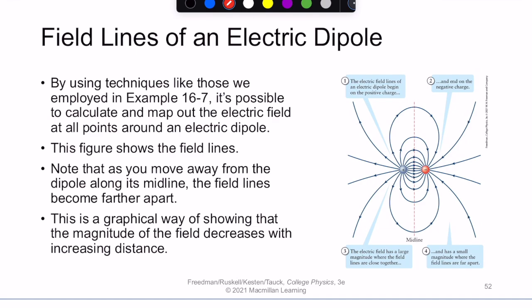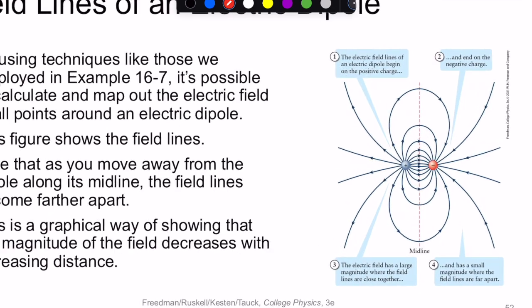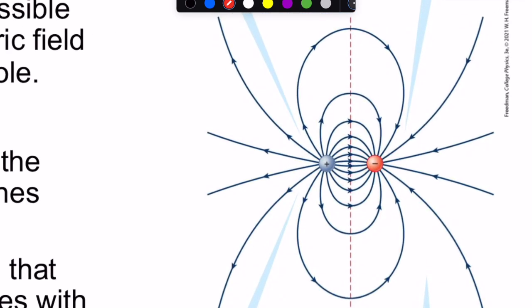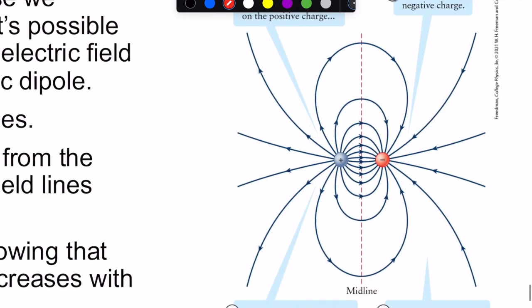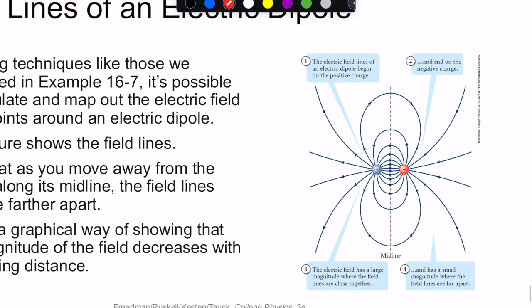We're going to look at electric field lines in a little more detail. So this arrangement here is called a dipole, and you've probably heard of a dipole before if you took chemistry, or even advanced chemistry. What is a dipole? It is two charges of equal magnitude but opposite sign, separated symmetrically.